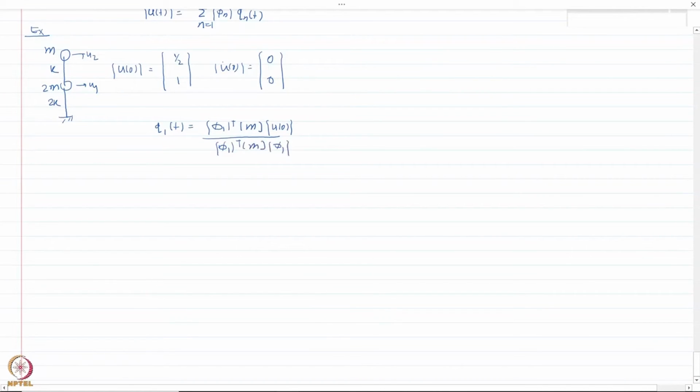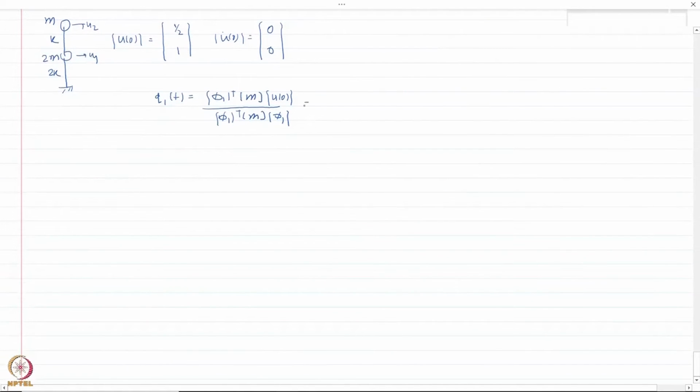Once we substitute all the values, phi transpose would be half 1, then I have the mass matrix 2m 0 0 m, and then u0, which is half 1.